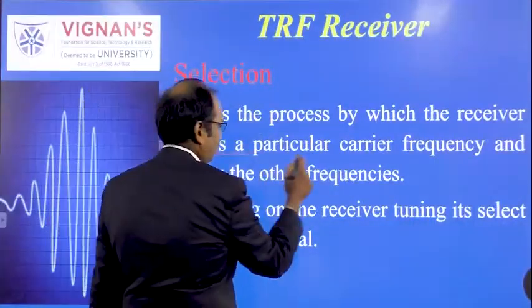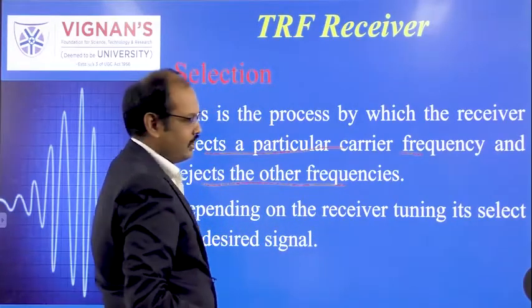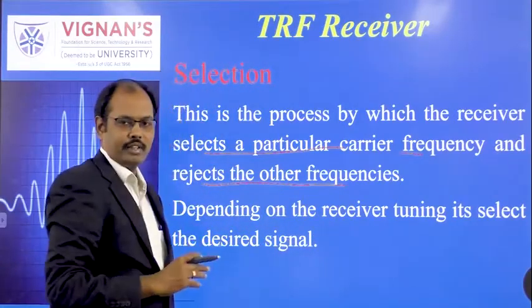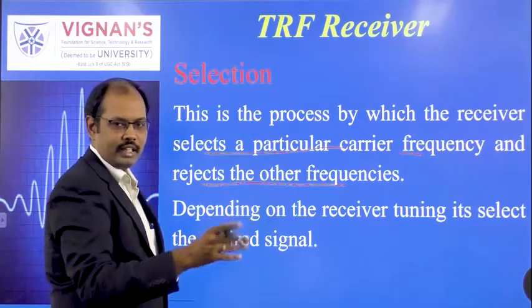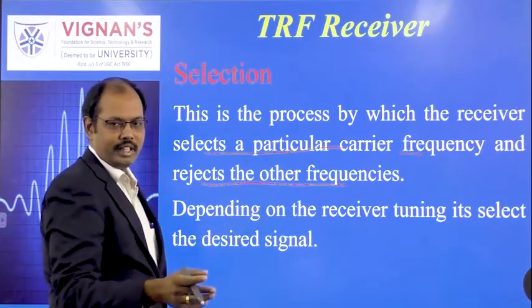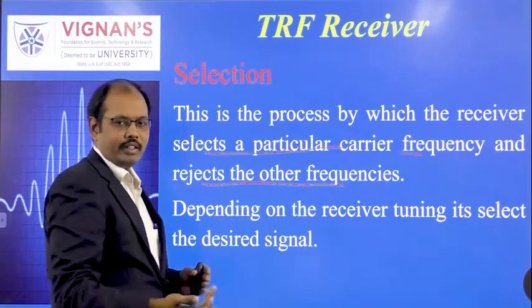Selection selects a particular carrier frequency and rejects the other frequencies. So it will be selecting a particular carrier frequency, that is, if you are transmitting at 90 megahertz, it will be selecting some range of 90 to 95 megahertz and removing the lower and higher frequencies.